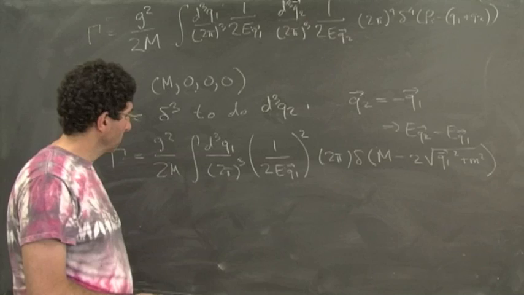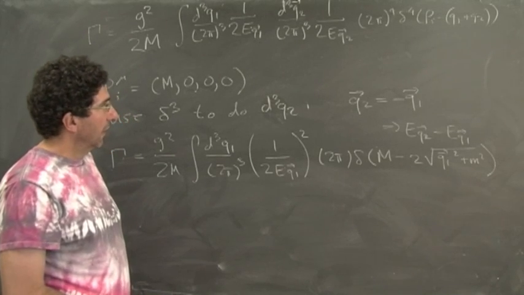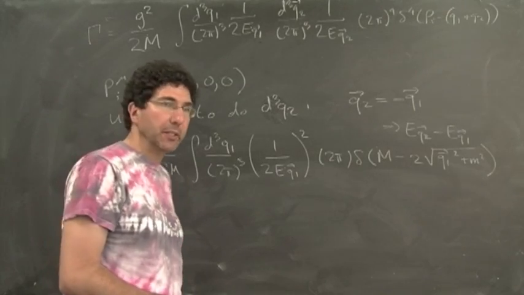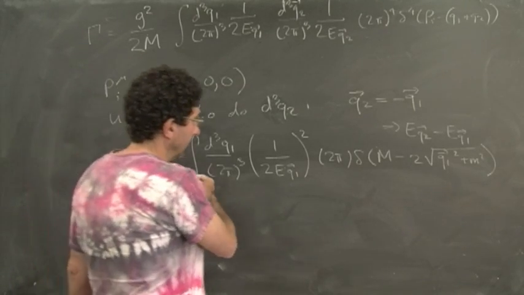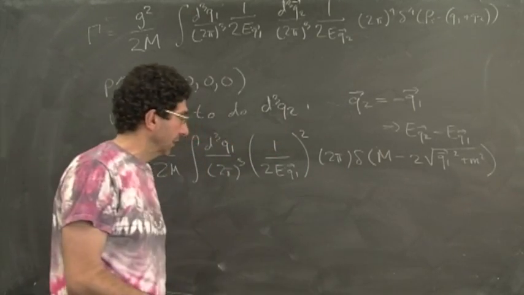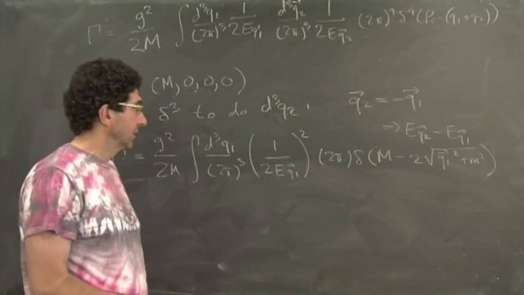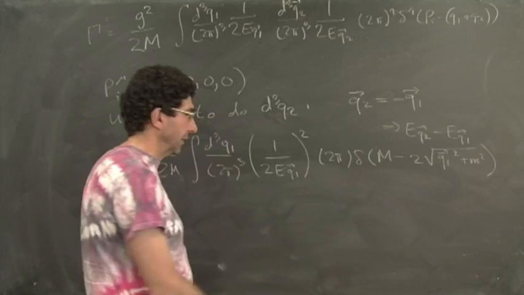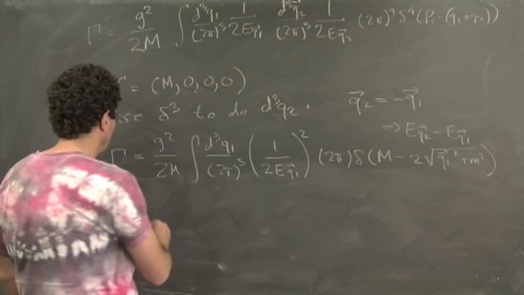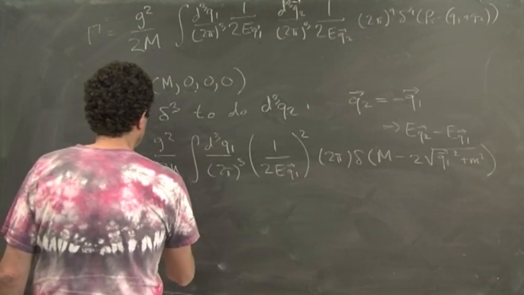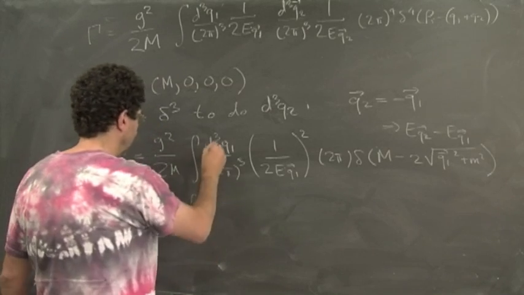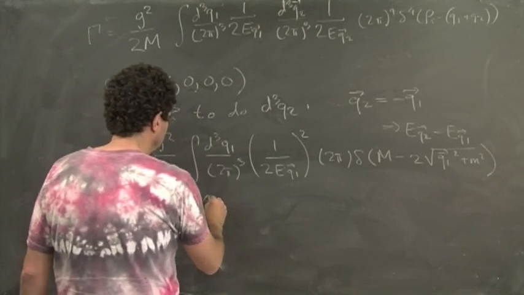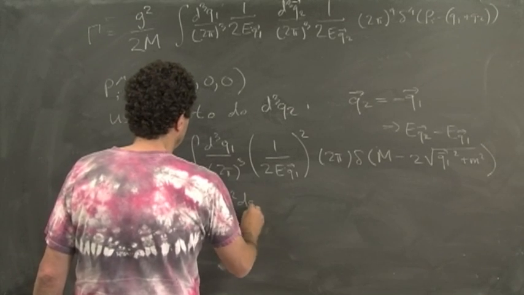Okay? Now I realize that I can actually do this integral here because this simplifies a lot, because everything is actually spherically symmetric, right? Nothing depends on the direction of q. It's only q vector squared that enters here. So I can just use spherical coordinates in momentum space here, and the spherical element is 4 pi q squared dq.